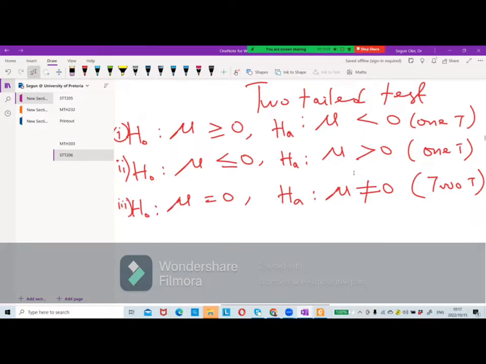When do I need to reject for Roman figure 1? My Roman figure 1 is like this. Under Roman figure 1, the middle is 0, a bell shape.